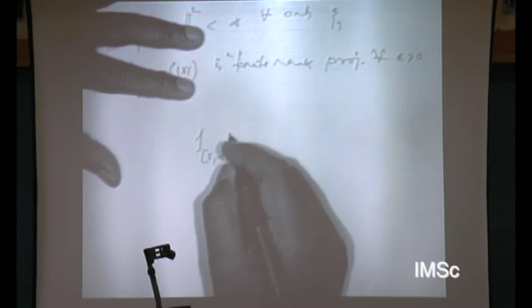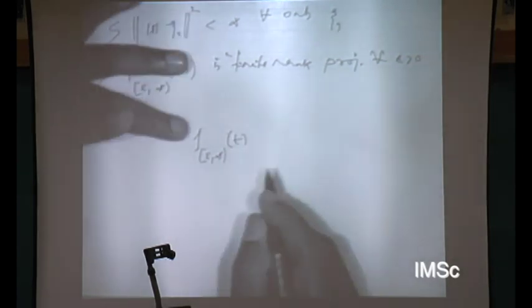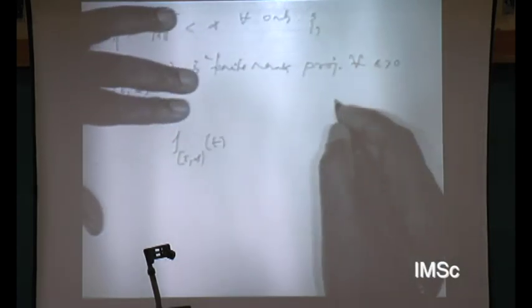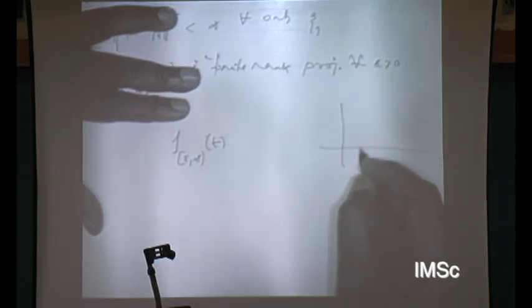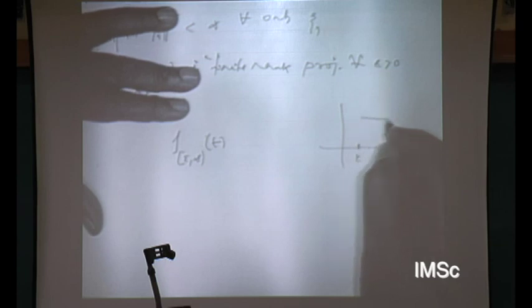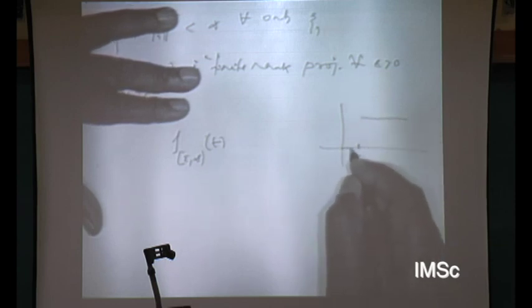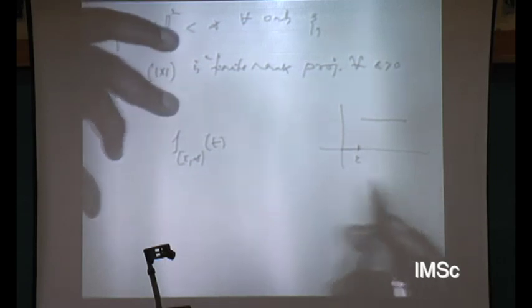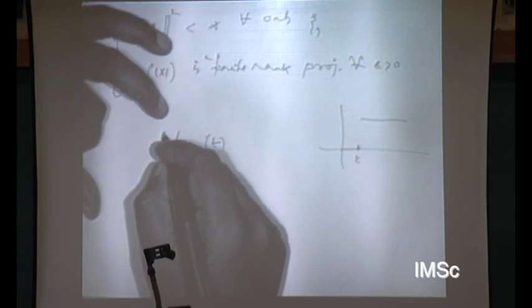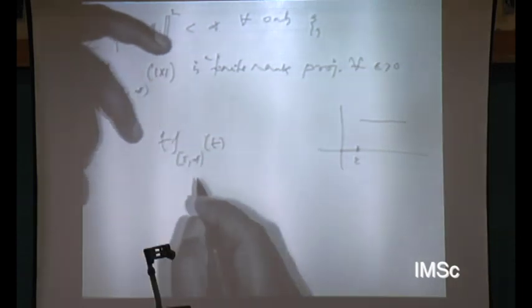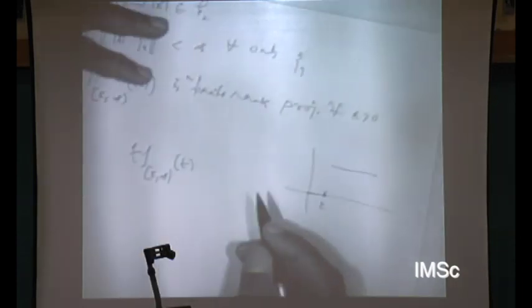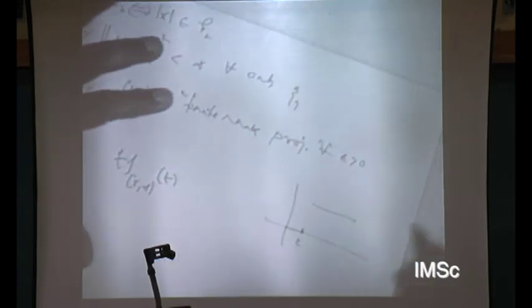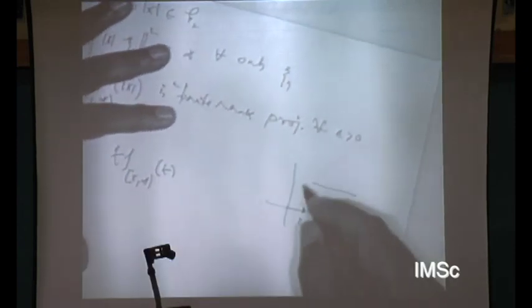So let me prove it. As a function of t, this is 1 after epsilon, 0 here. This is what it looks like. So if I take t times the indicator of epsilon to infinity, that looks like the function f of t equals t but chopped down to epsilon to infinity.